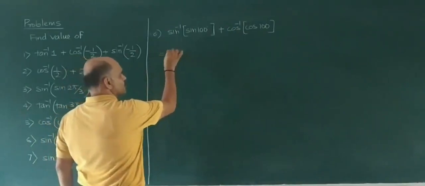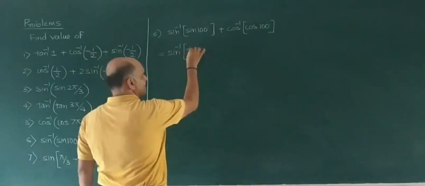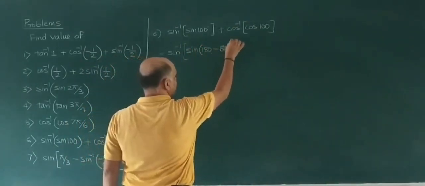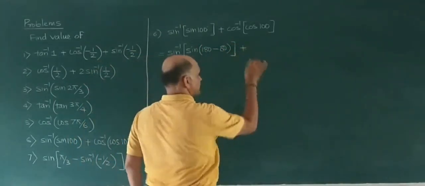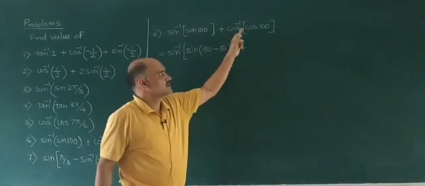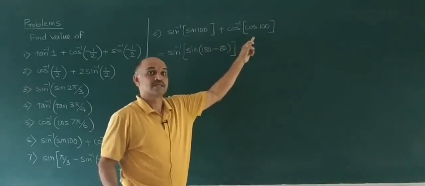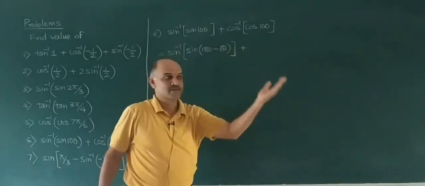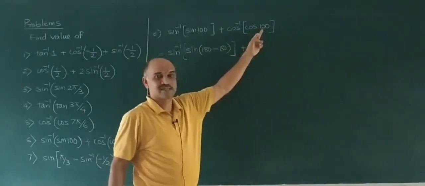So this is equal to sine inverse of sine, in bracket, 100, which I will write as 180 minus 80, plus cos inverse of cos 100. Now here, can I cancel cos inverse and cos? Yes, you can cancel it, because for cos the principal value range is from 0 to 180 and this angle is less than 180.